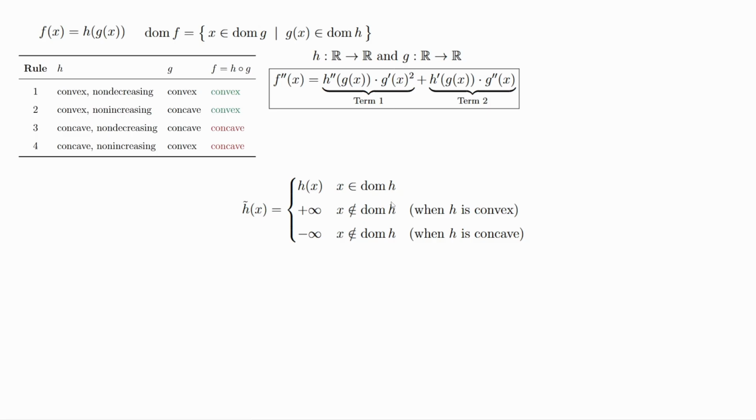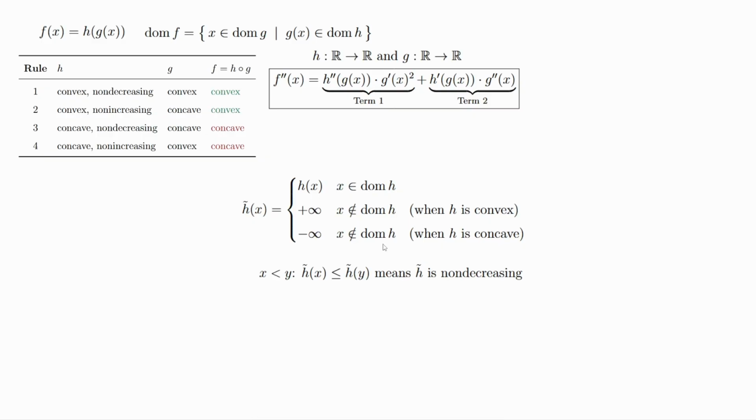So what does the extended value function being non-decreasing actually mean geometrically? Of course, non-decreasing means that when the input x is less than or equal to y, the function evaluated at x is less than or equal to the function evaluated at y. But assume h is convex here.